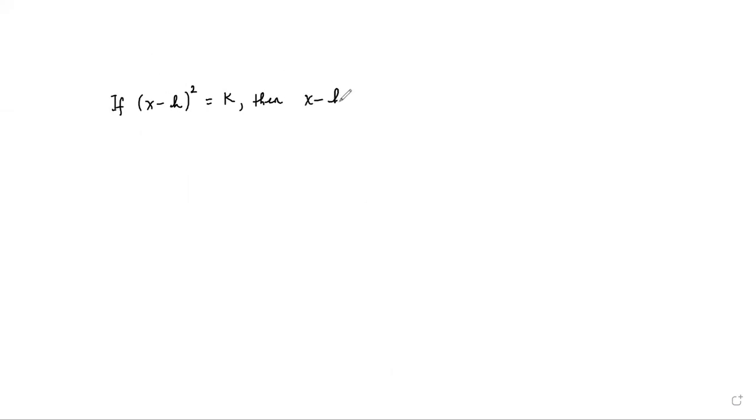So x minus h is equal to positive negative square root of k. However, to solve for x here, we can transpose negative h to the other side. So this would imply that x is equal to h plus minus the square root of k. So we can apply this using the following example.